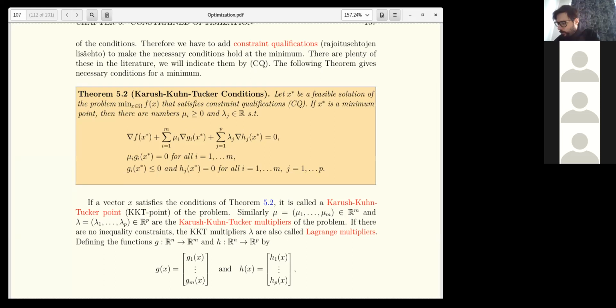And then I have this curve here that says h of x is 0.